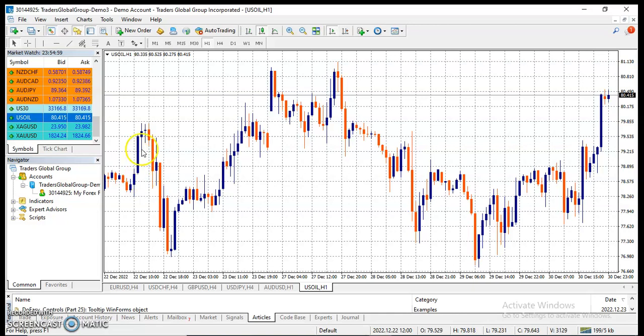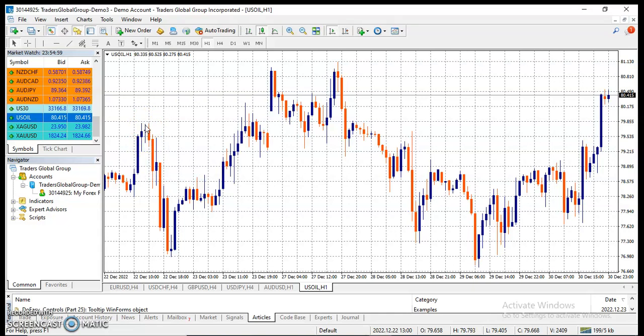This is what I'm saying. This particular small candle that I'm highlighting here takes a whole 60 minutes to form. The next candle takes another 1 hour to form. This candle takes 1 hour to form. This candle takes 1 hour to form. This doji candle takes a whole 1 hour to form.